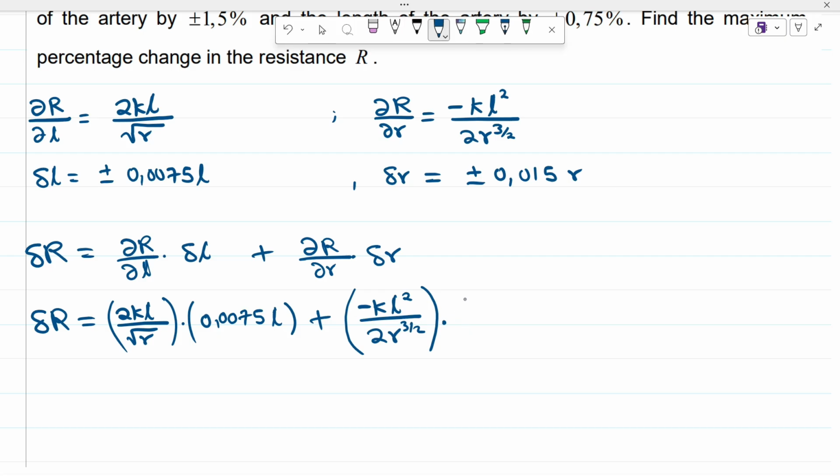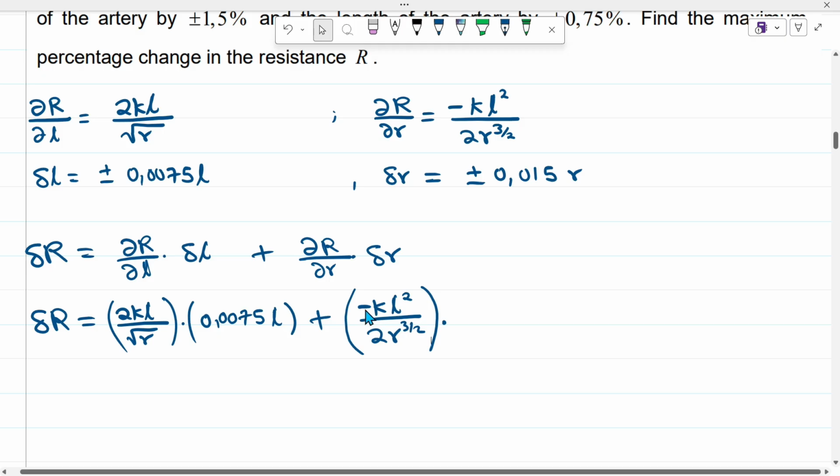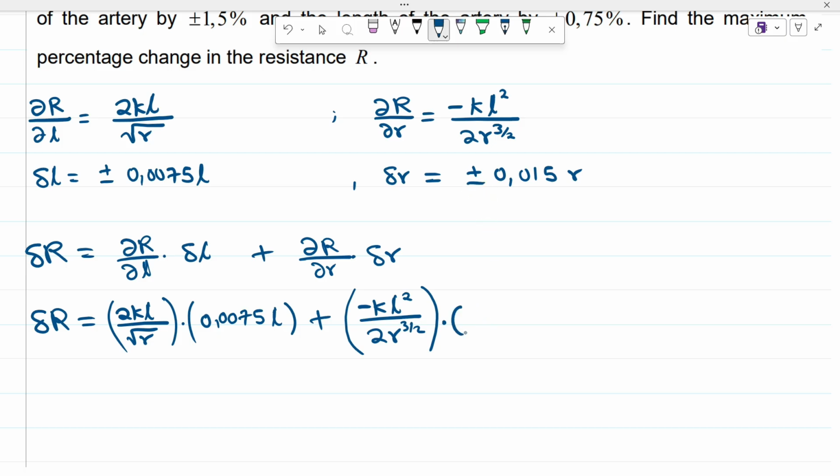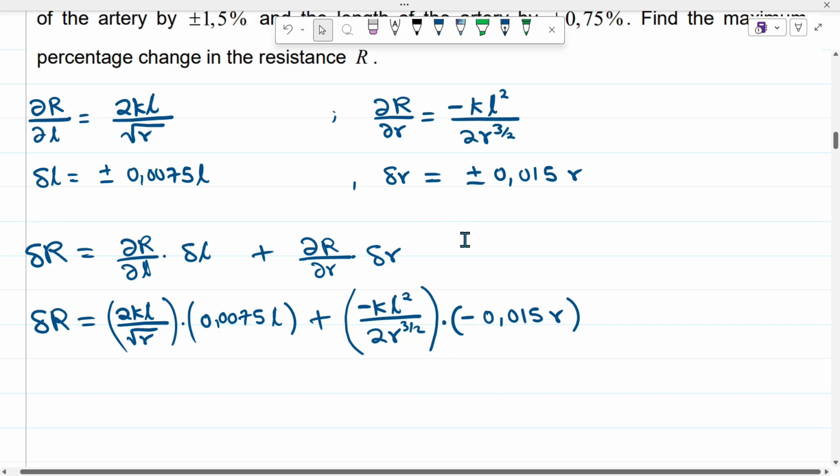Because of this negative here, we must take a sign from this small change in R that will make the multiplication of this and that positive. So since this one is negative, we must take the percentage change as negative. So we're going to take that one as negative 0.015 R. So yeah, that's how to manipulate percentage change.